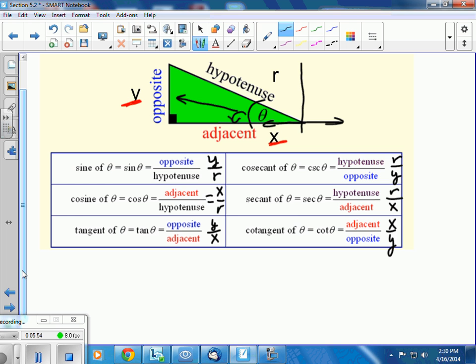And to be honest, I can never remember how to spell SOHCAHTOA, so it doesn't do a whole lot for me. But I will show you what it says. It says the sine is the opposite over the hypotenuse, the cosine is the adjacent over the hypotenuse, and the tangent is the opposite over the adjacent. SOHCAHTOA. I couldn't remember to spell that for anything.